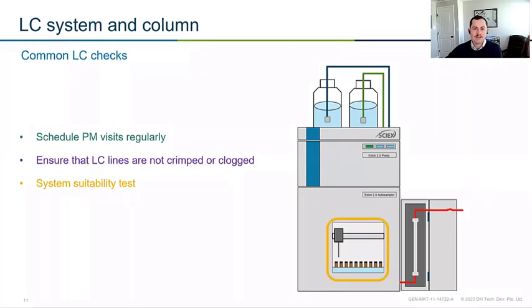And finally, we'll be talking about how to use this, but having a system suitability test is really important. This can vary depending on the type of lab you are. Really, all a system suitability test is, is a known method where you can compare current results to previous results. So let's say your mass spec has a lifespan of 10 years. Over those 10 years, it's a method that you've run frequently.